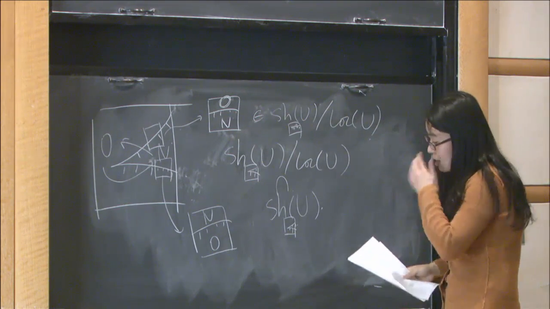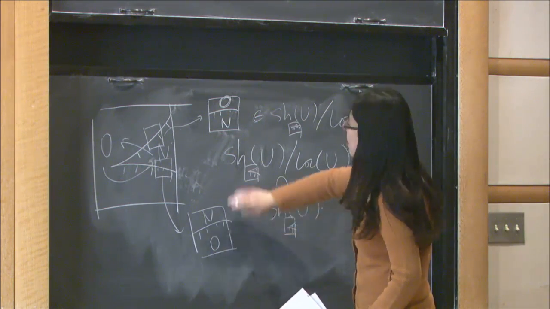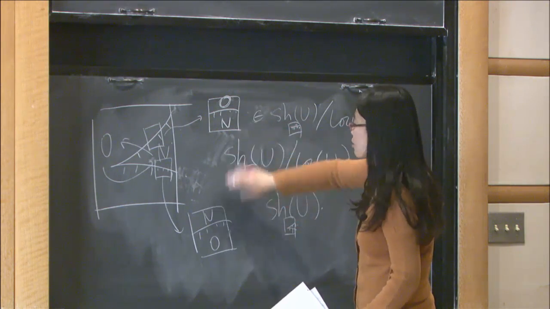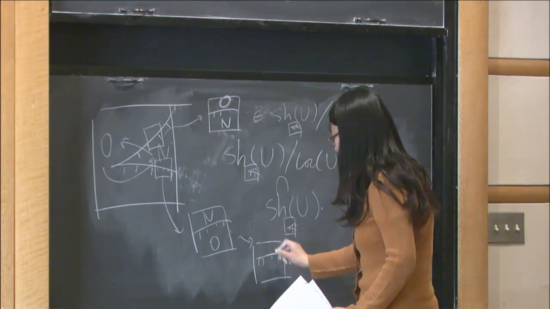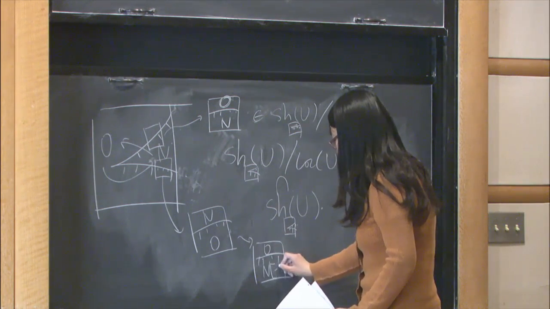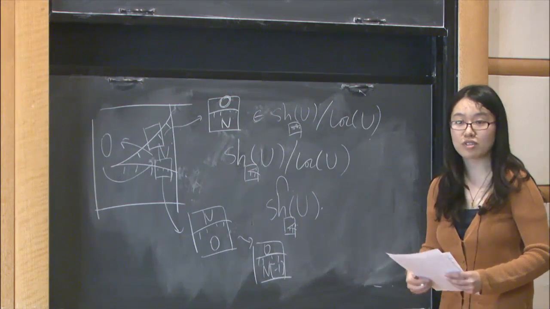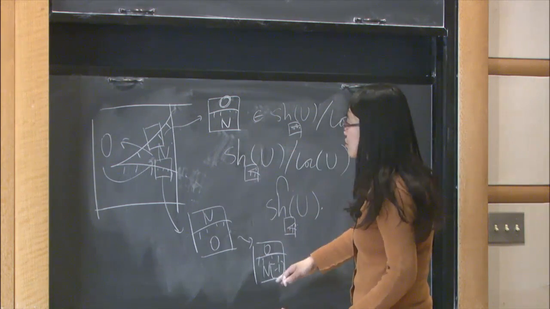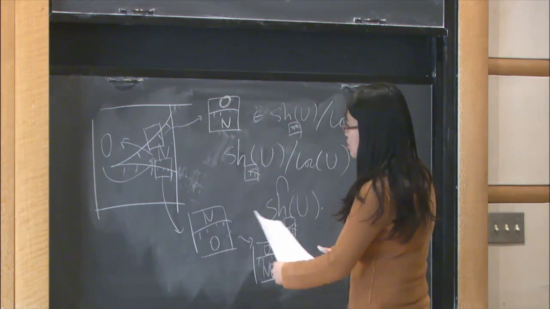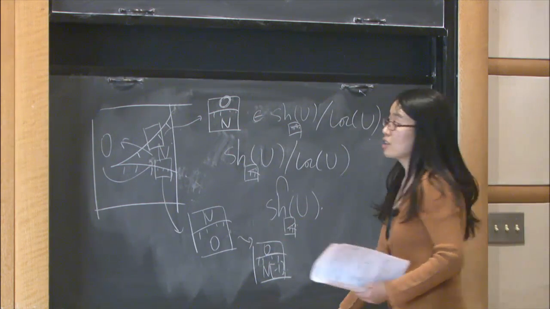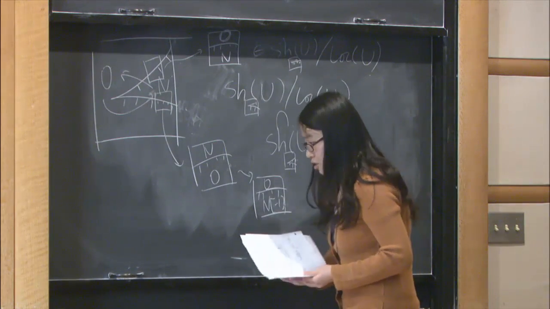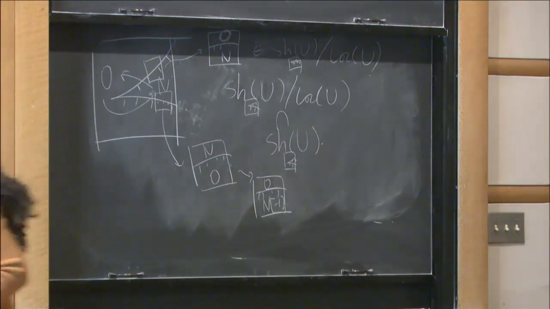But this one is not in here, so you have to do a localization. After localization, you see 0 and -1 here. So there's a shift of degree, which should be understood to correspond to the Maslov index. Okay, so let me state our theorems.